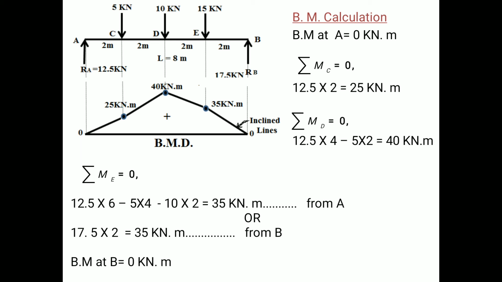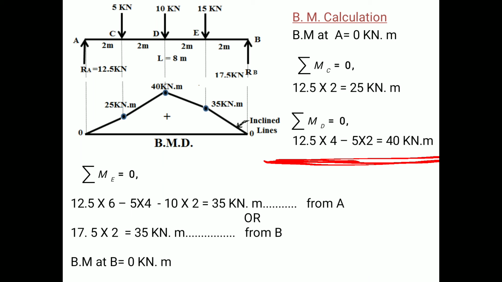Again, this 12.5 kilonewton will try to produce the sagging bending moment. Therefore, 12.5 into 4 perpendicular distance minus this 5 into 2, because this 5 will try to hog the beam. Therefore, 12.5 into 4 minus 5 into 2, it will become 40 kilonewton meter.